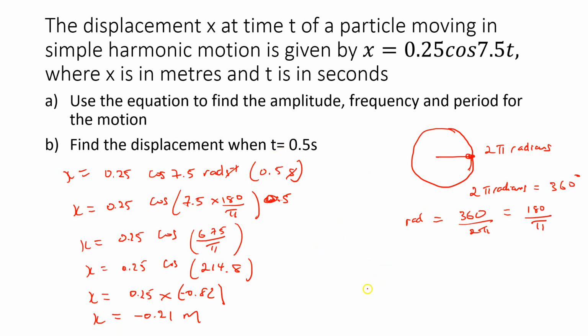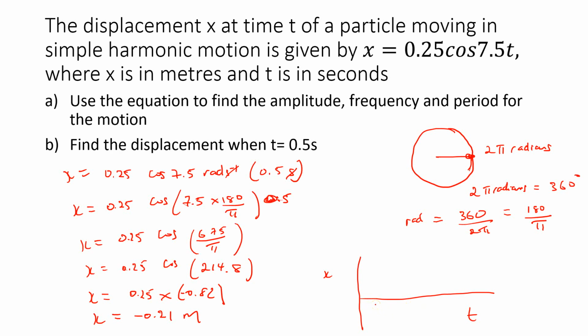So in essence, this is what the graph looks like. When we're using a cos graph, it means that the graph starts at the top. Let's put a little bit of information on the graph. This is going to be the displacement side, x is on this side, t is on this side. Now it tells us that to complete one period, the time is going to be 0.83.